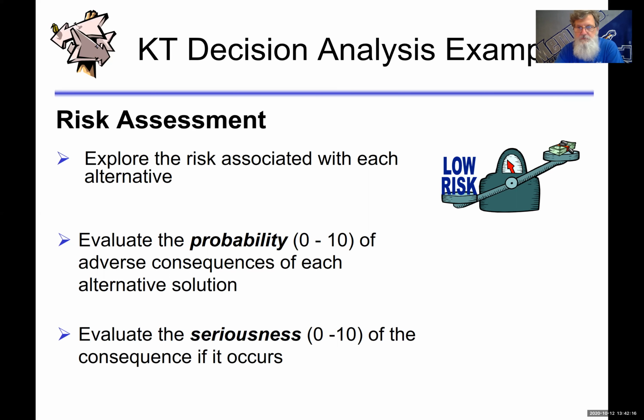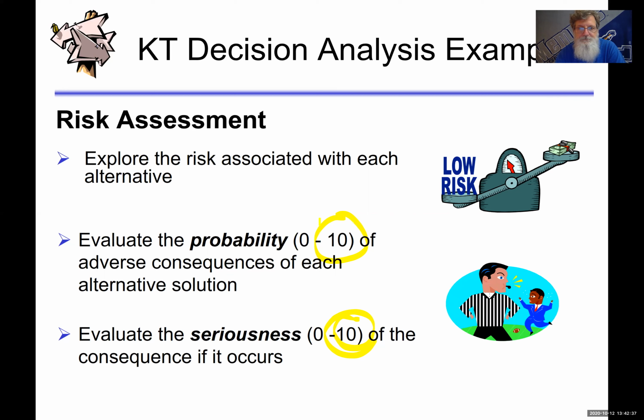And then the seriousness of that, it could be life or death. If a certain device would cause people to be in danger, that would be a very high seriousness score. If your particular decision led to that, or the probability was high, then you'd have a high risk. So you could also add a risk association to your decision.